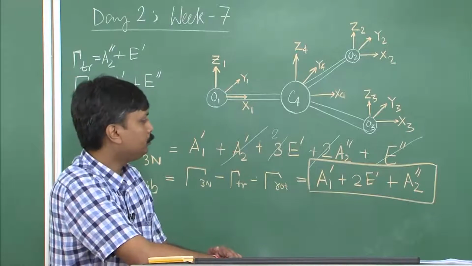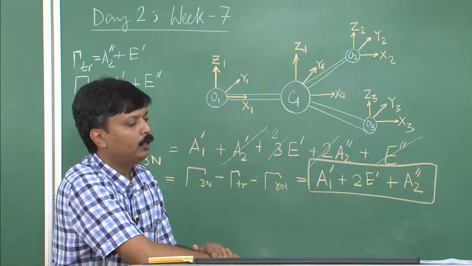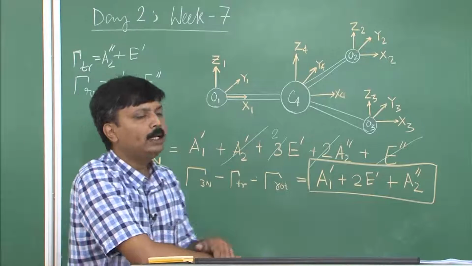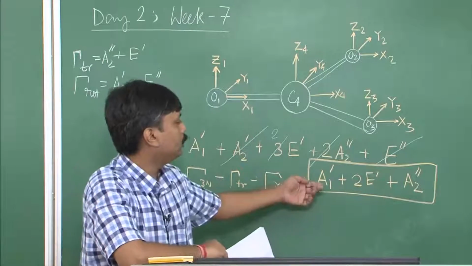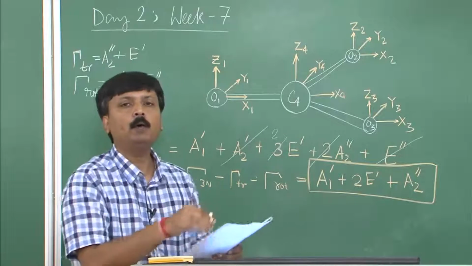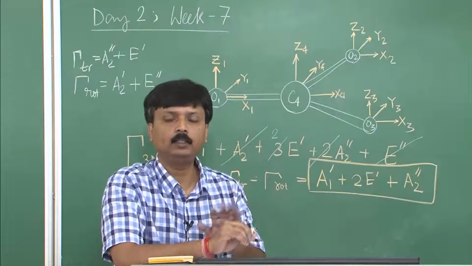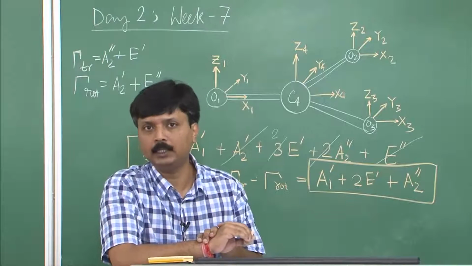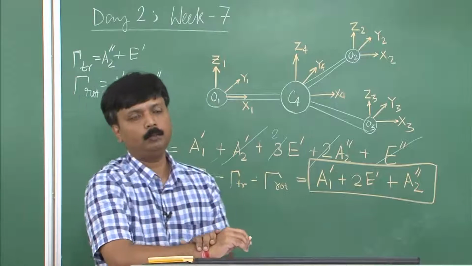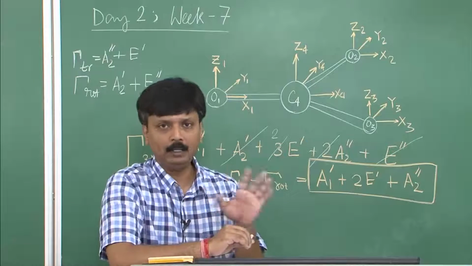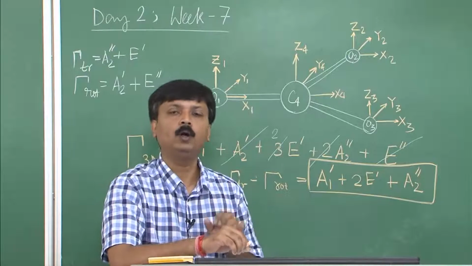So now what we need to do is look at the characters corresponding to A1 prime. A1 prime has all the characters to be +1, so this is the totally symmetric IR. If I have to assume something completely symmetric about this molecular vibration, what can I think of?